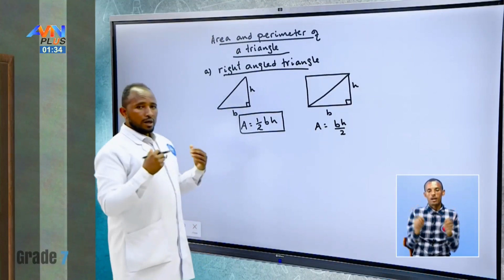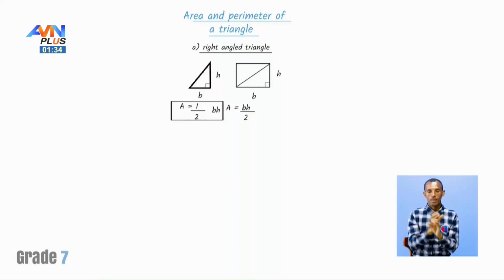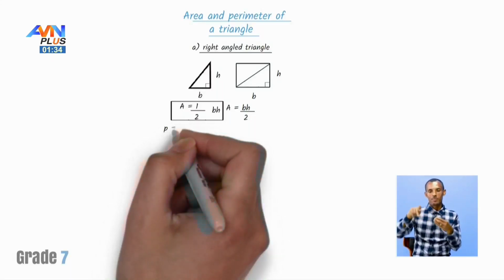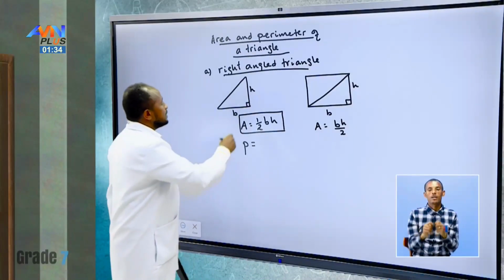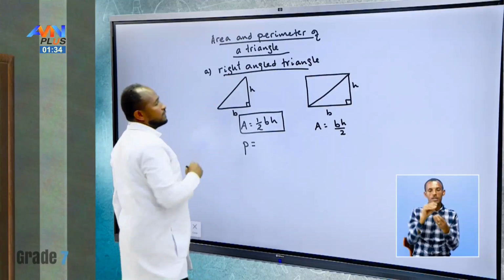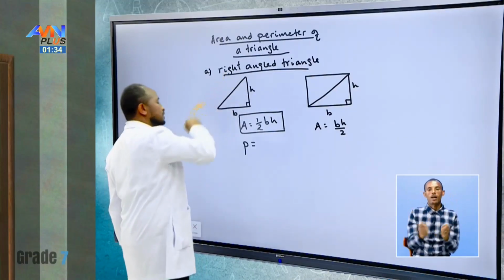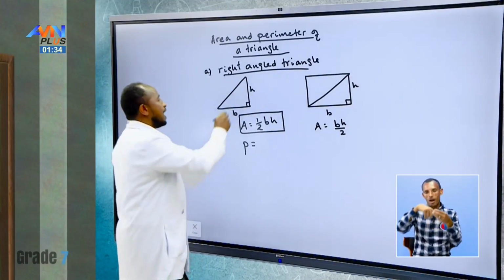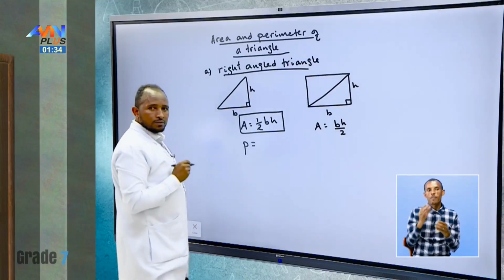And if we are asked to calculate the perimeter of a triangle, simply you add each side of the triangle, or you move around the triangle and find the total length of the boundary.